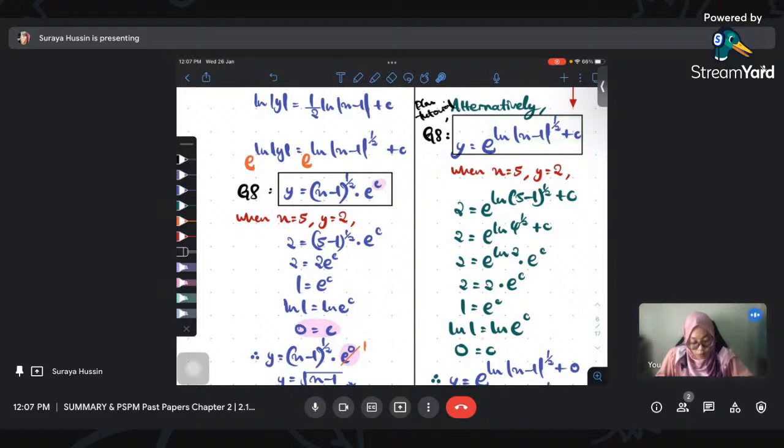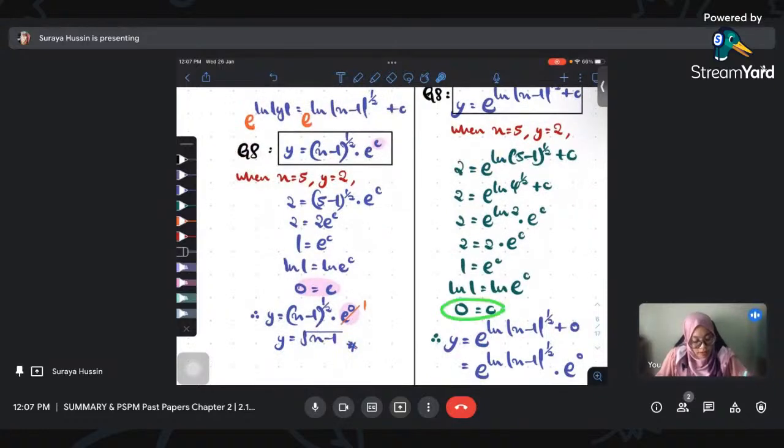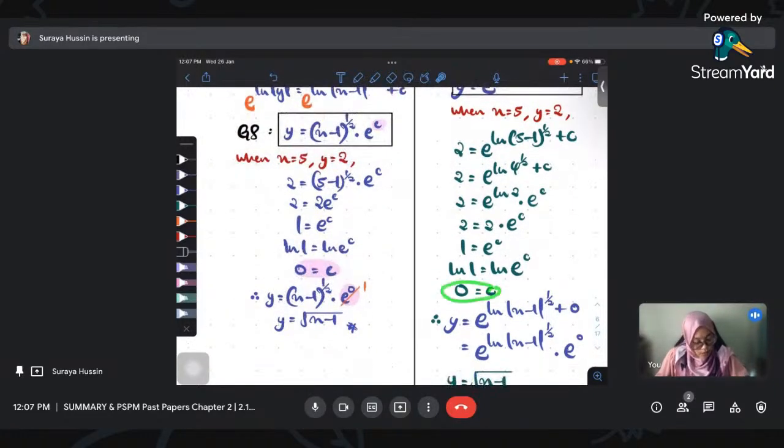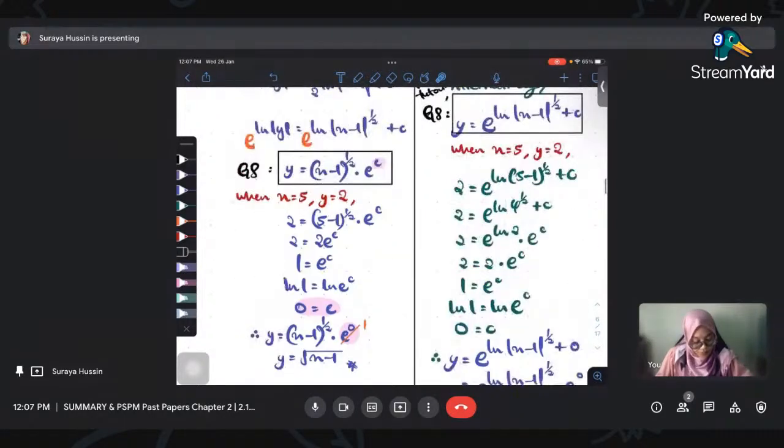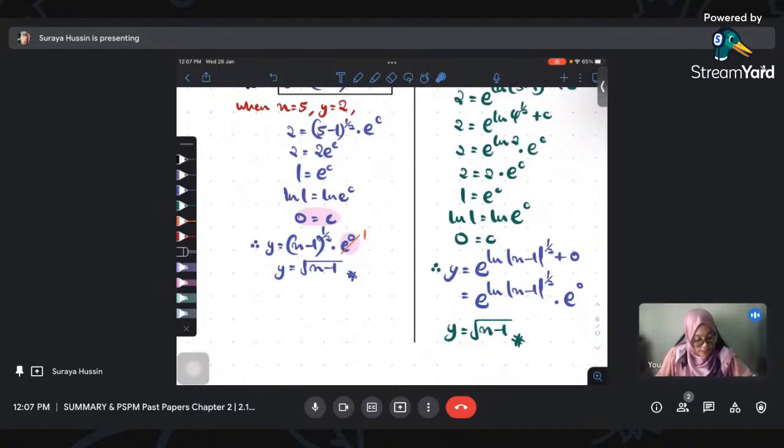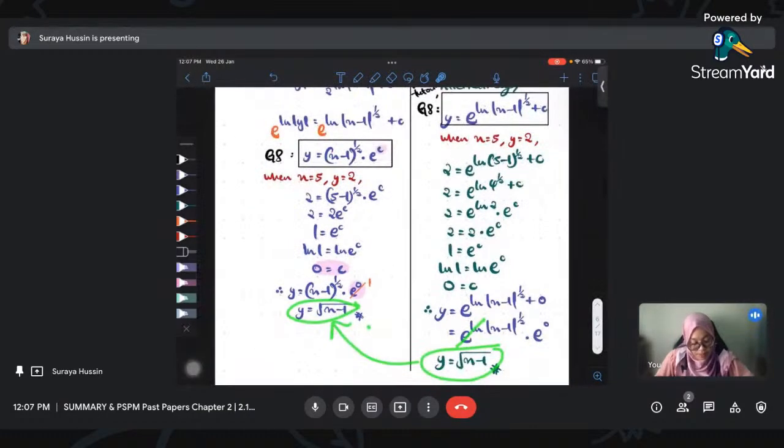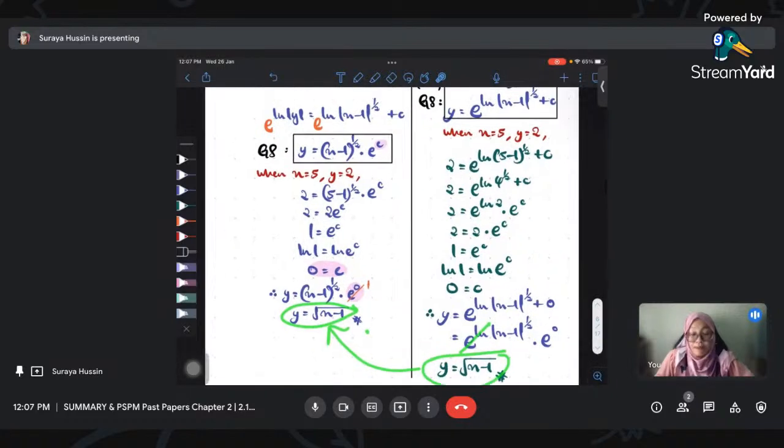You boleh buat dalam bentuk ini ataupun bentuk ini, acceptable, because at the end you will still get the value of C is 0. And then you masukkan C itu 0 ke dalam general solution kamu, and you will still get the same answer anyway. Dua-dua ni memberi kamu jawapan yang sama sahaja.